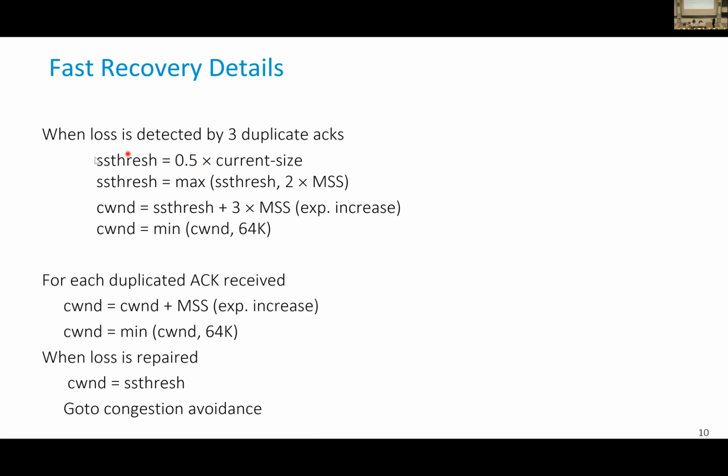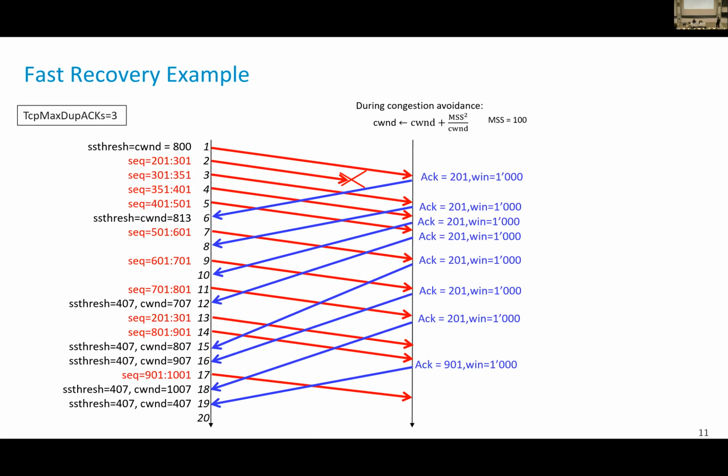This is the multiplicative decrease. But the actual window that we set now is increasing exponentially, starting from a value which is this threshold plus 3 packets. So essentially, we take this threshold plus 3 and we increase exponentially until the loss is repaired. I think the easiest is to explain this on an example.